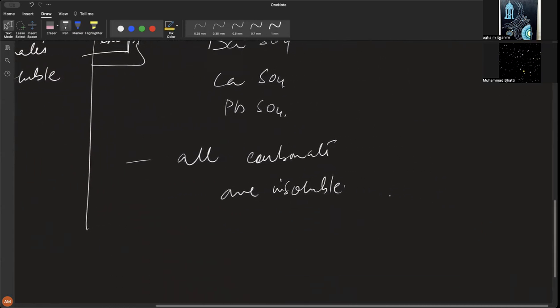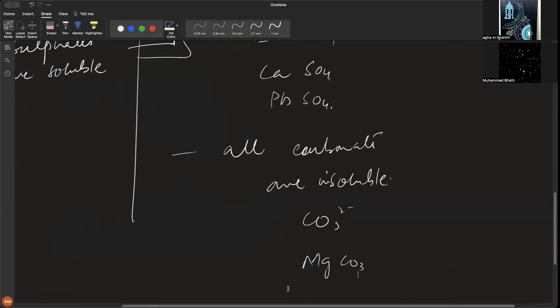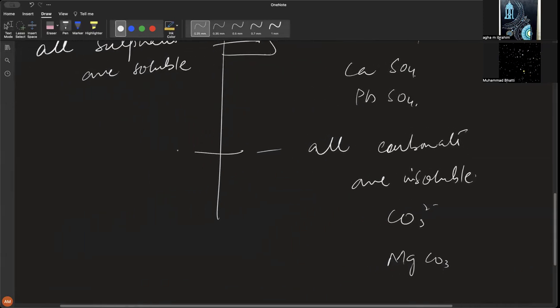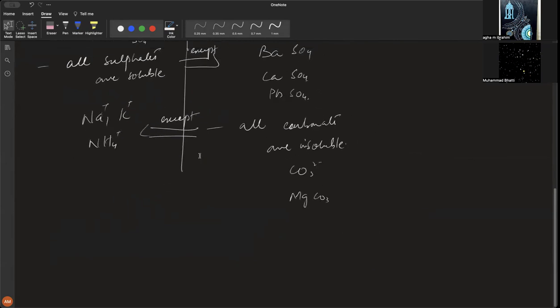And carbonates are going to have this with them, like sodium carbonate or magnesium carbonate, let's say, right? All carbonates are insoluble except sodium, potassium, ammonium. You get it? This is the chart that you need and you will be asked about a lot.